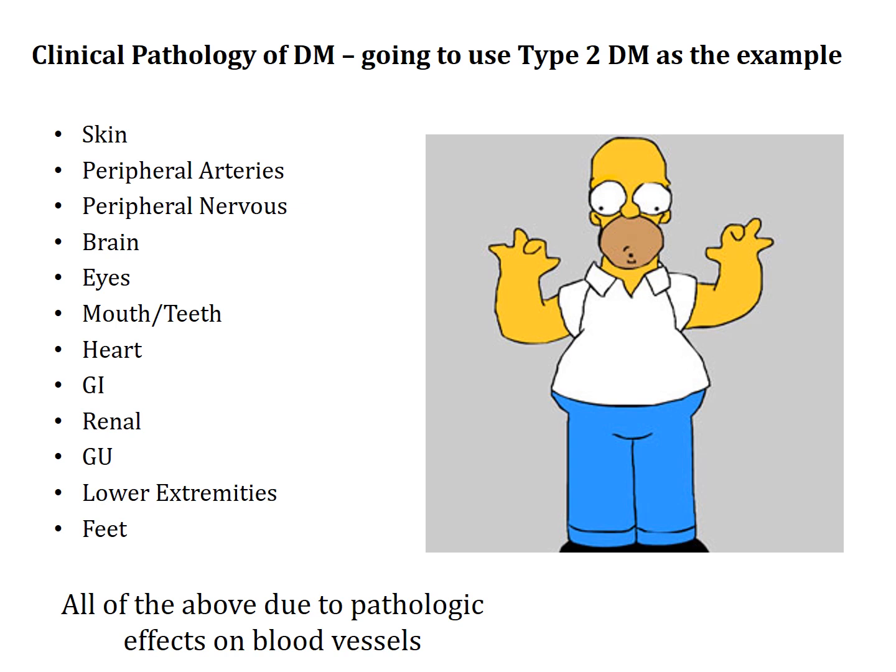On the GI tract, one of the problems that you see with type 2 diabetes is they develop gastroparesis and impaired peristalsis as a result of autonomic neuropathy, so bloating, nausea, vomiting, constipation.